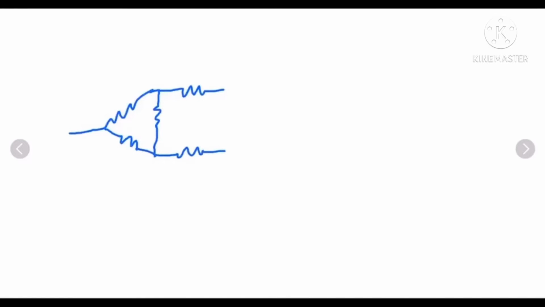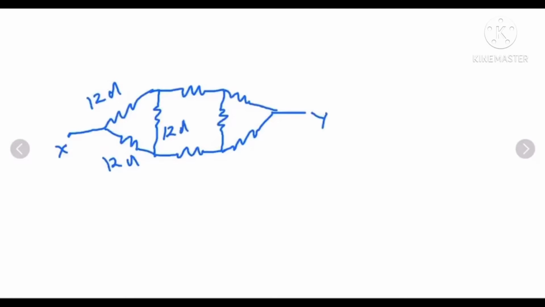We are replacing both branches by equivalent resistances. So this is your X terminal, this is your Y terminal, and the values of resistance are 12 ohm, 12 ohm, 12 ohm, this is 10 ohm, this is 30 ohm, this is 30 ohm, and this is 30 ohm.